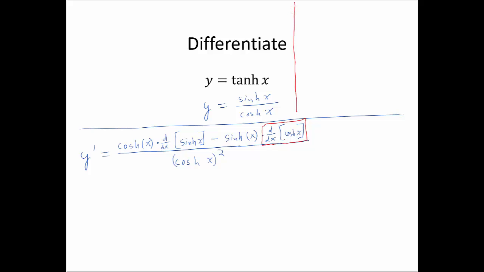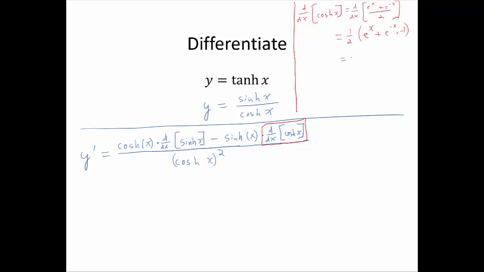The derivative of the hyperbolic cosine was d by dx of the hyperbolic cosine of x. Alright, so that would be d by dx of e to the x plus e to the negative x over 2. And so then that would be 1/2 of, let's see, we'd have the derivative of e to the x is e to the x. The derivative of e to the negative x would be e to the negative x times a negative 1.